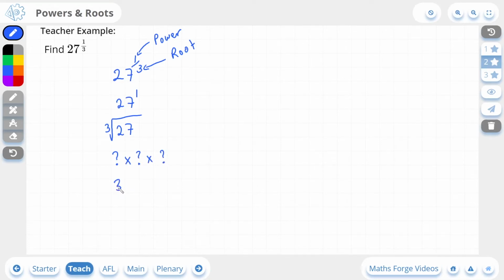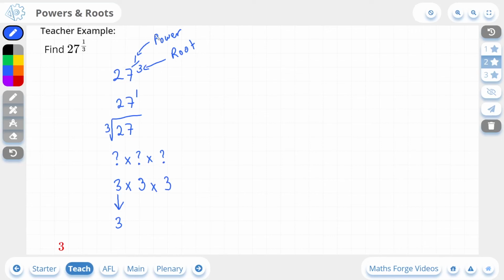And I know that 3 multiplied by 3 gives me 9, multiplied by another 3 gives me 27. So this number here must be the answer, 3. The cubed root of 27 is 3, or 27 to the power of 1 over 3 is 3. And if we check our answer, there it is.